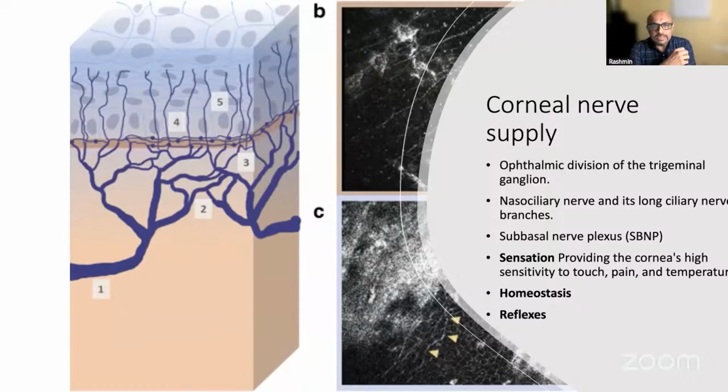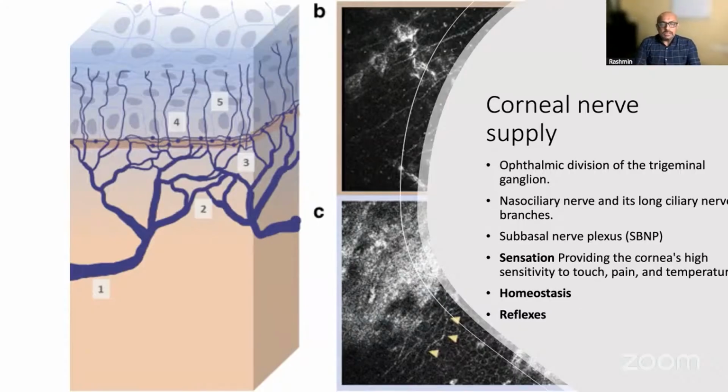The cornea is one of the most densely supplied tissues in the eye. The sensation from the eye is carried by the long ciliary branches of the nasociliary nerve. The afferent reaches the pons to the trigeminal nerve nuclei, and the efferent comes from the facial nerve.